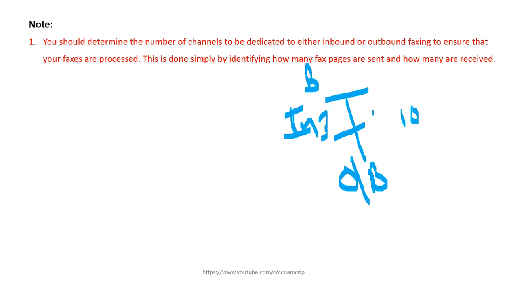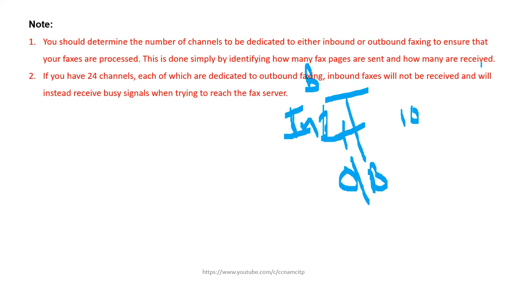So this is the basic planning, or it depends on the requirement. You can even give 4 for inbound. This is done simply by identifying how many fax pages are sent and how many are received. So again, it is your business process.